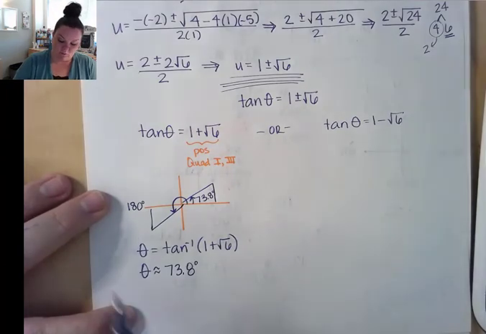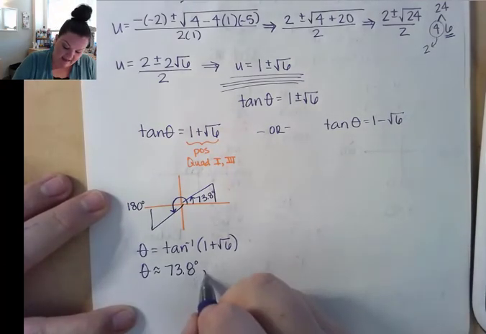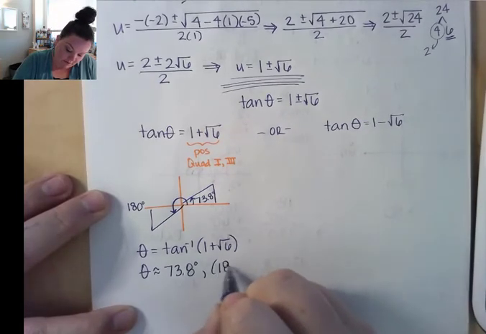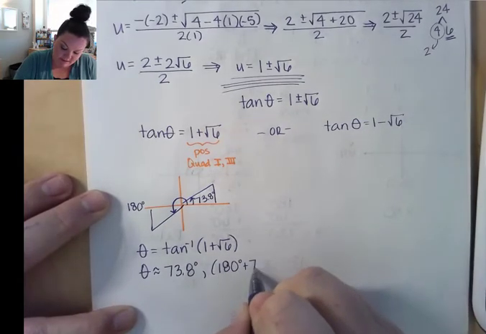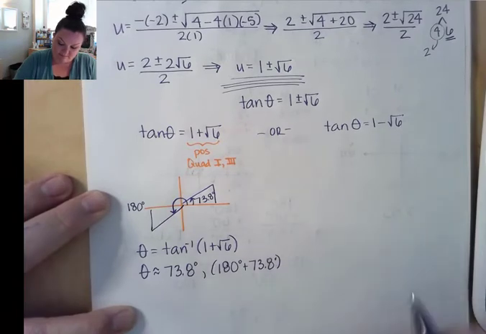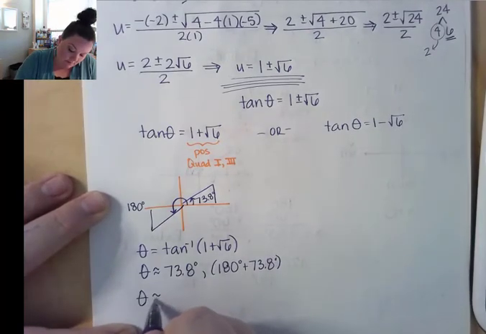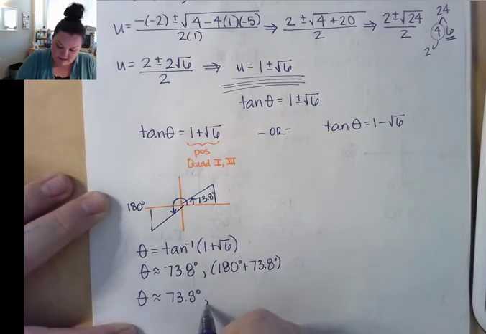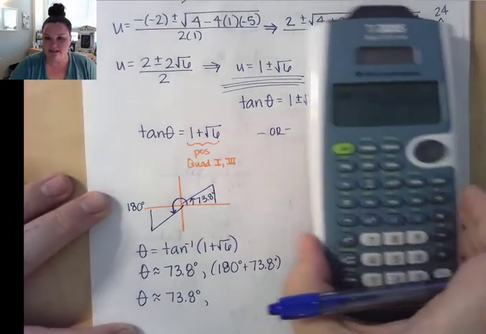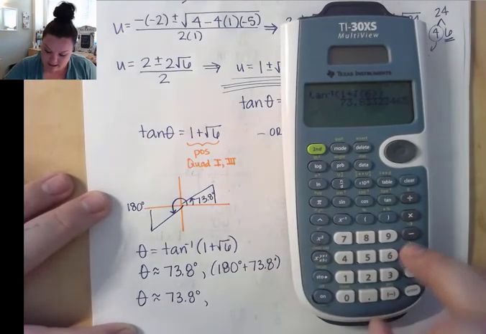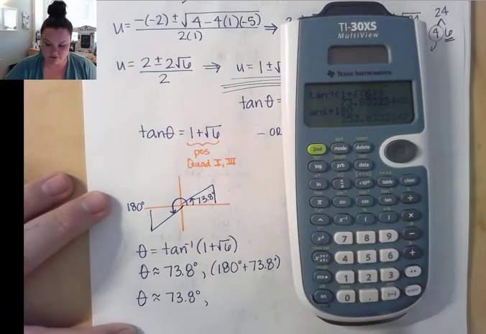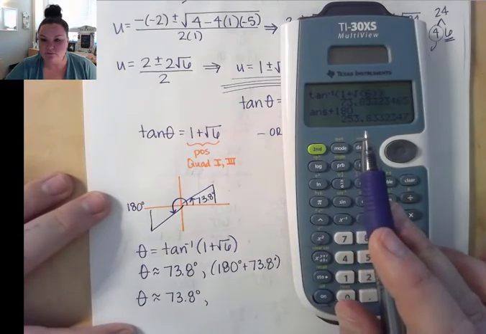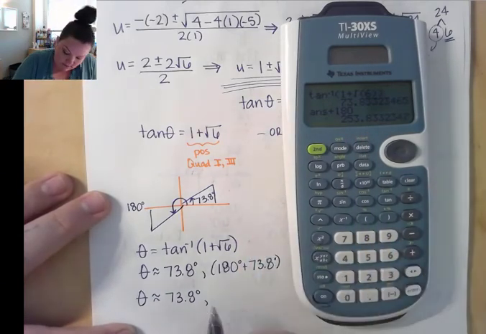So I'm just going to take 180 and add 73.8 degrees. I'm just going to write it in parentheses. So my other angle is 180 plus 73.8 degrees. And if I take 73.8 degrees and add 180 to it for this angle that's just past 180, it's 253.8 degrees.